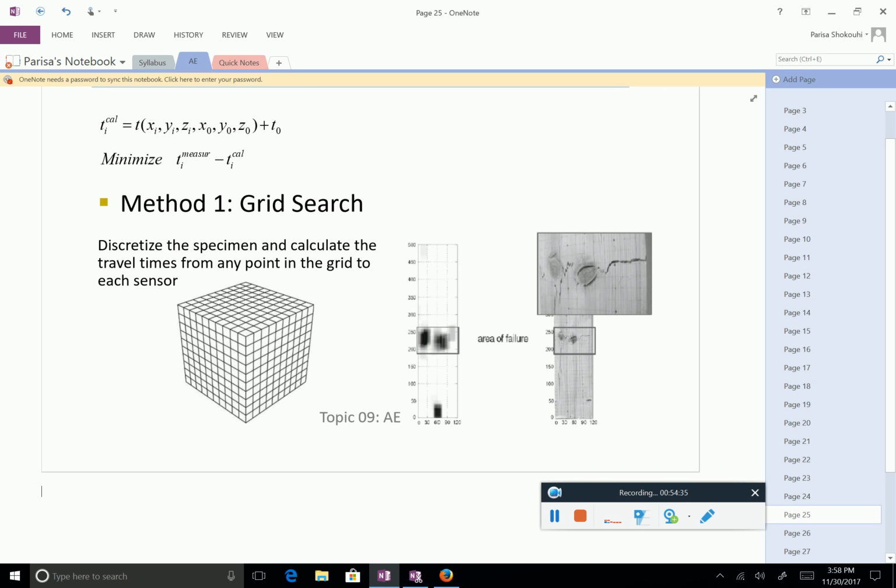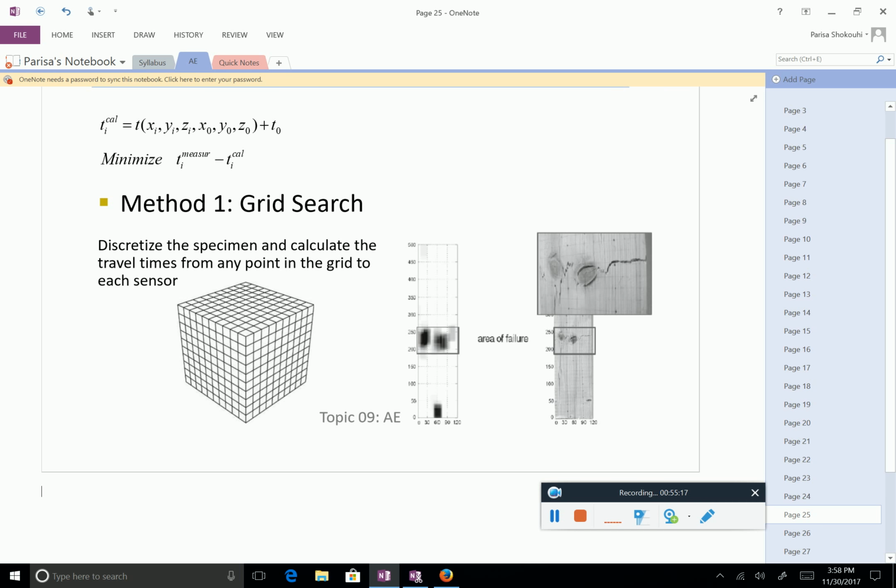And there is also the T0 that you have to take into account. Then you do the optimization. This method conceptually is very simple. I really like it because it's very clear, but it's computationally pretty expensive because depending on what resolution you want for your events, you have to digitize your domain into very small boxes. And doing an optimization with a lot of nodes will be expensive. So this is one way people do that.